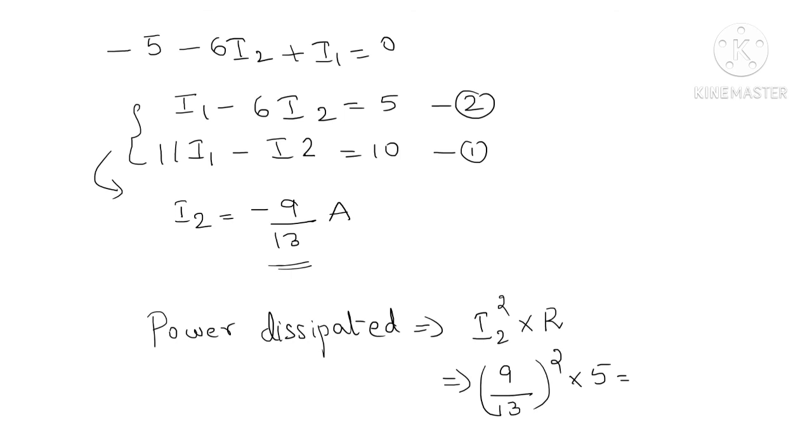If we calculate 9 square by 13 square into 5, we get the power dissipated approximately equal to 2.4 watts. So we have obtained the current which is flowing through the 5 ohm resistor and the power which is dissipated in the 5 ohm resistor.